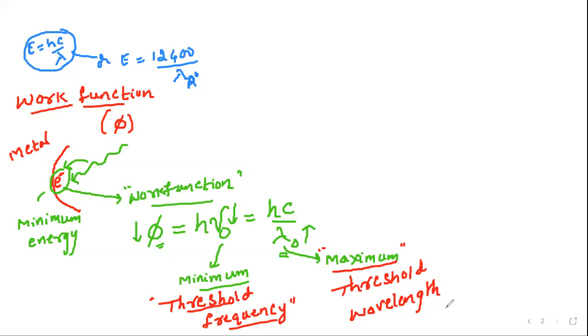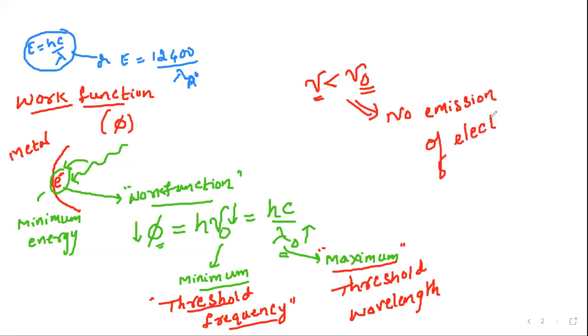Suppose if you give a frequency less than the threshold frequency, for this case, there will be no emission of electron.